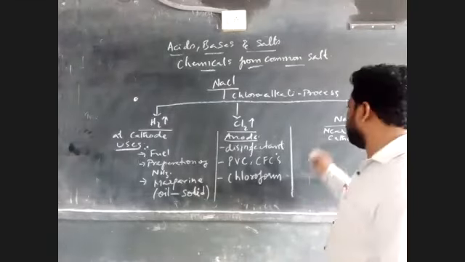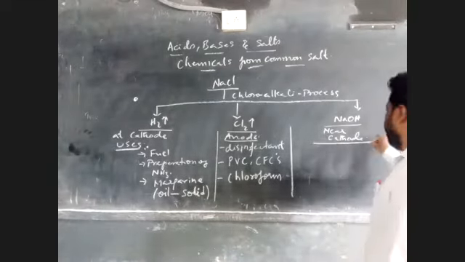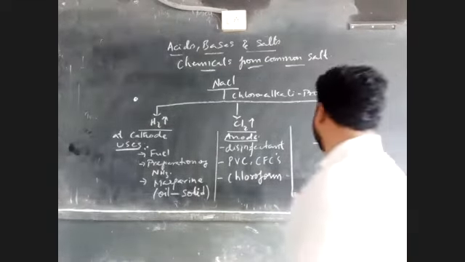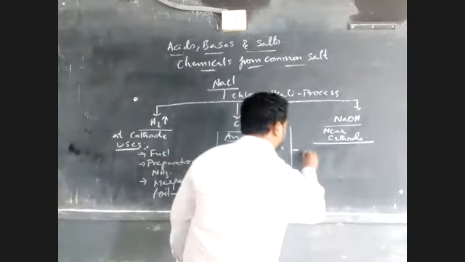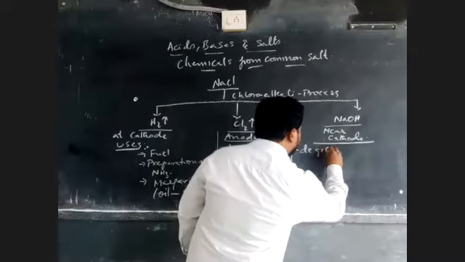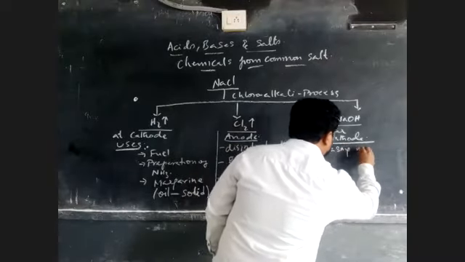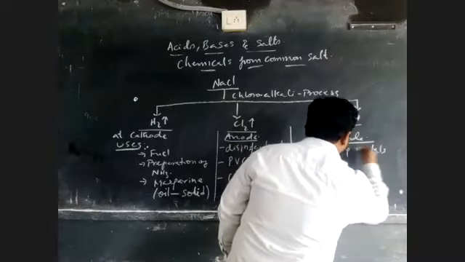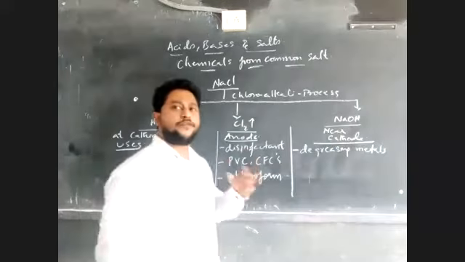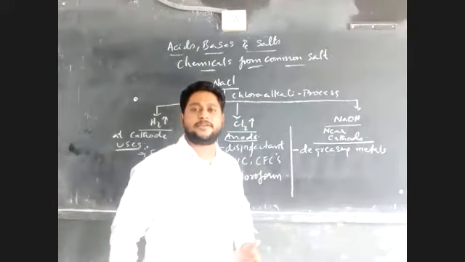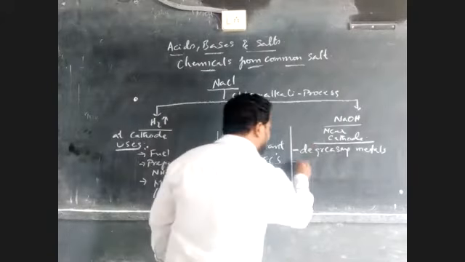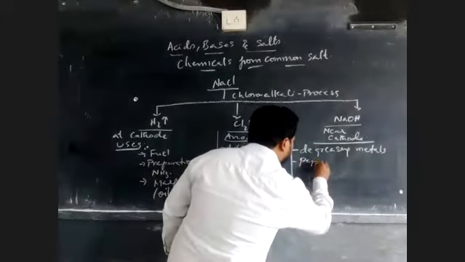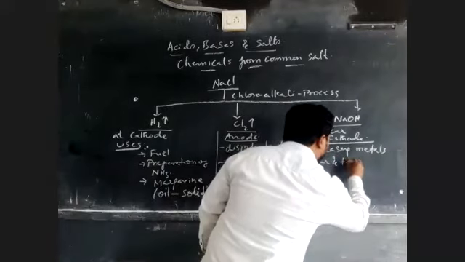Next, the uses of NaOH. It is used for degreasing metals, that means removal of grease or oily substances on the metals. Next, it is used in paper and textile industry.